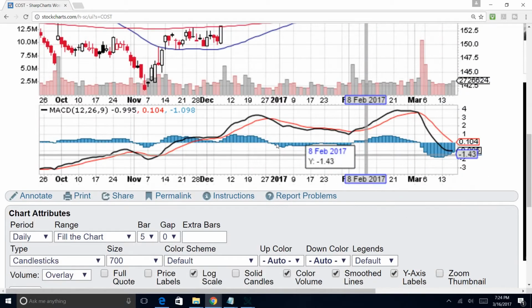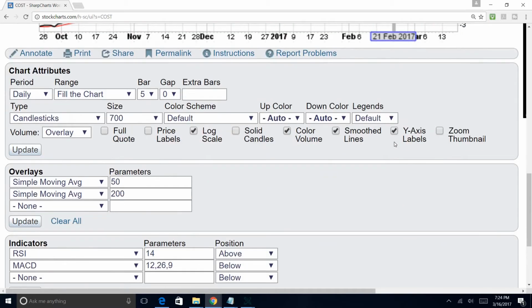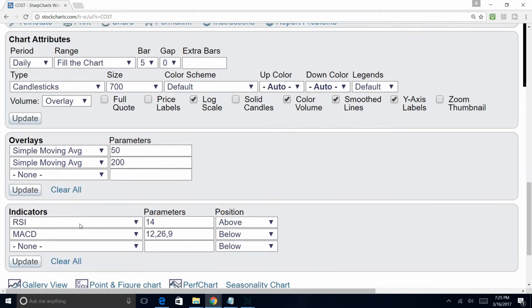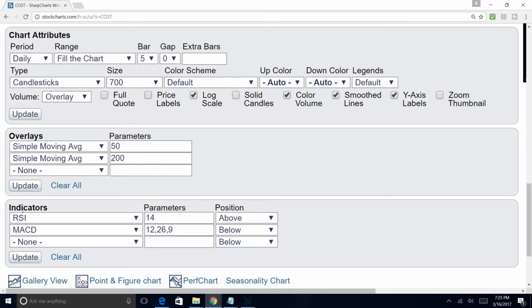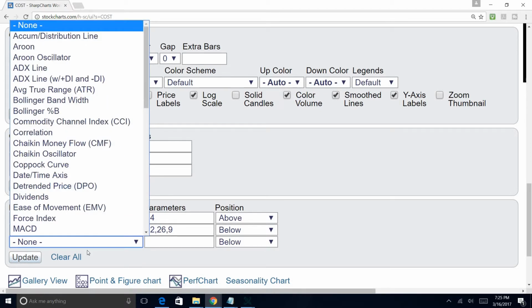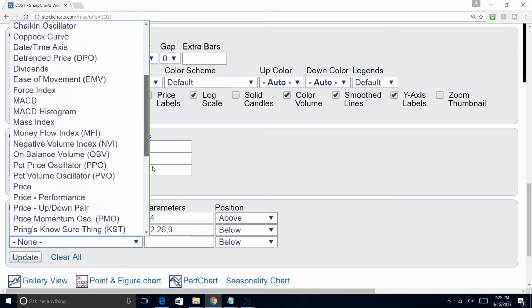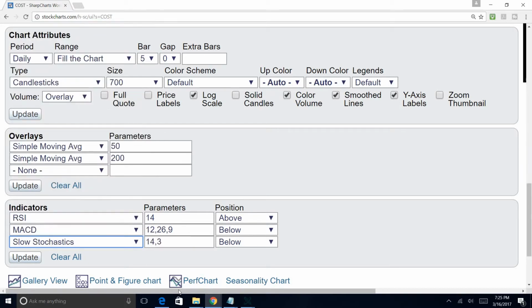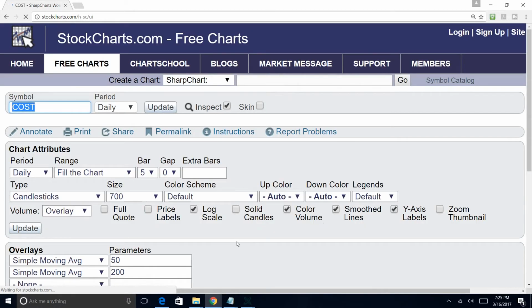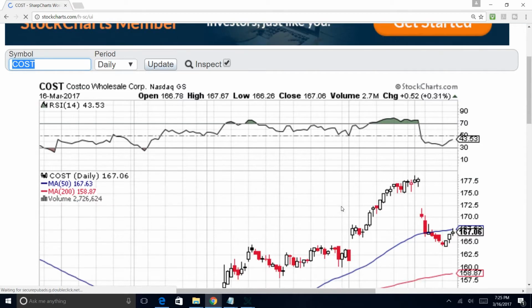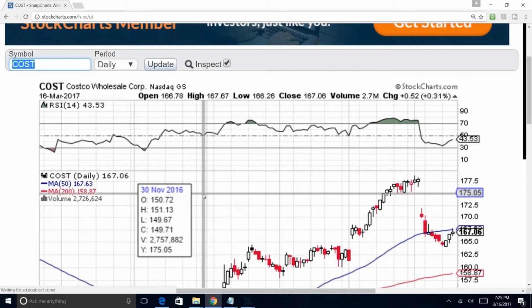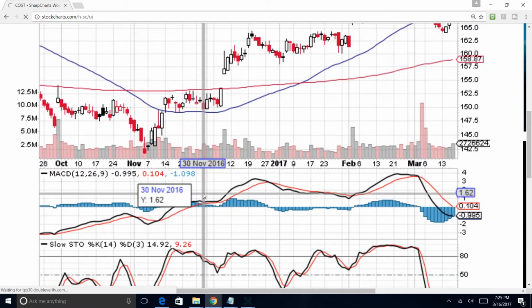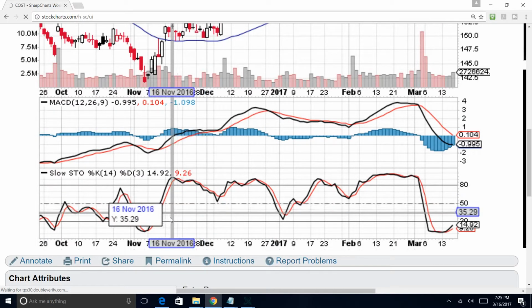But the next thing I'd like to show you that's not on here, and this is how I set up my basic stock chart, is under indicators, I will add the slow stochastic. And the stochastic oscillator is really cool because it's more of a leading indicator, and it can give us information on when to buy and when to sell.